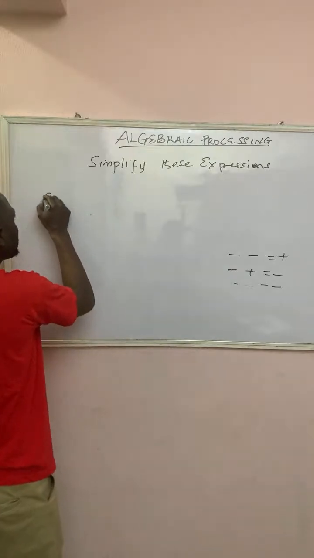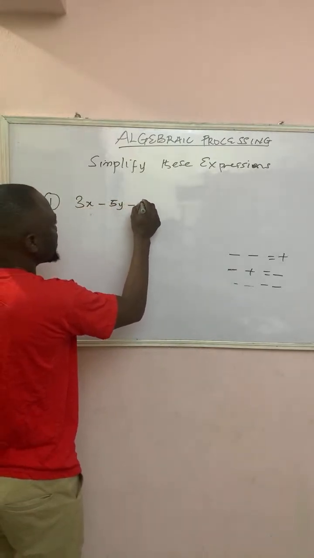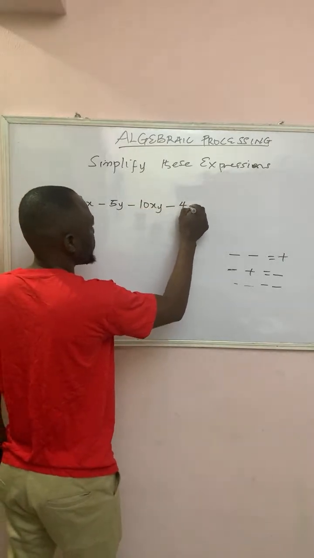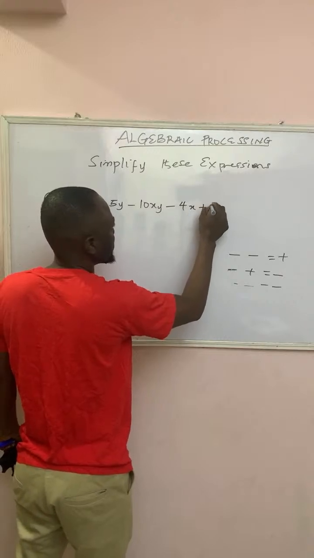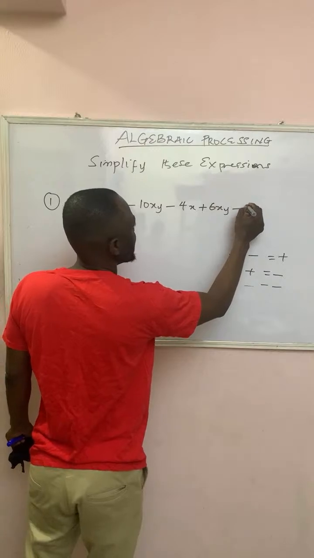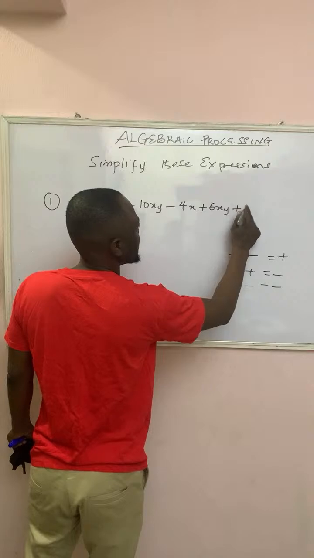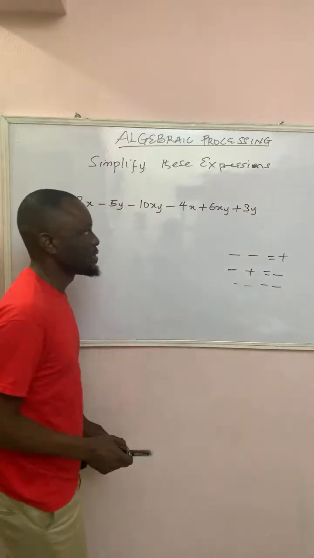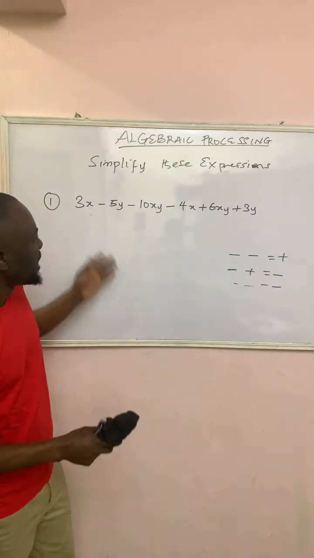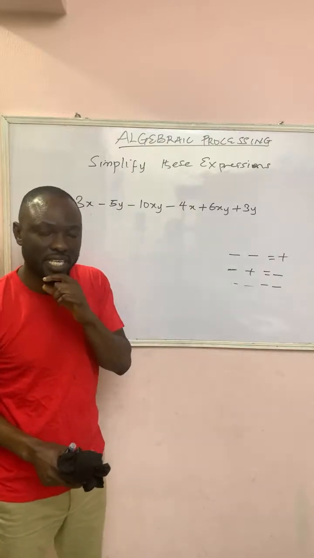Now, if I have 3x minus 5y minus 10xy minus 4x plus 6xy plus 3y. Okay. Now, if you look at this, we want to add all of this expression. This is an algebraic expression.